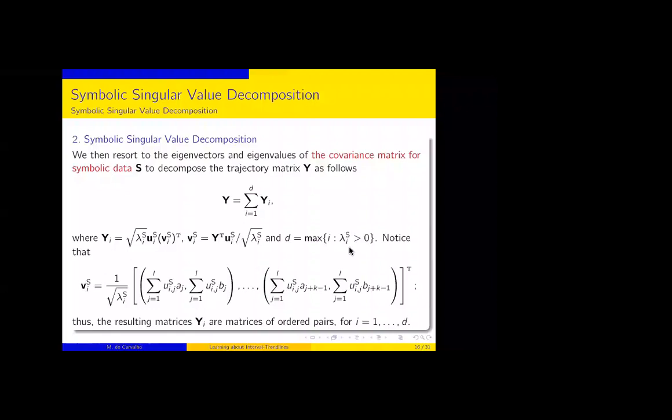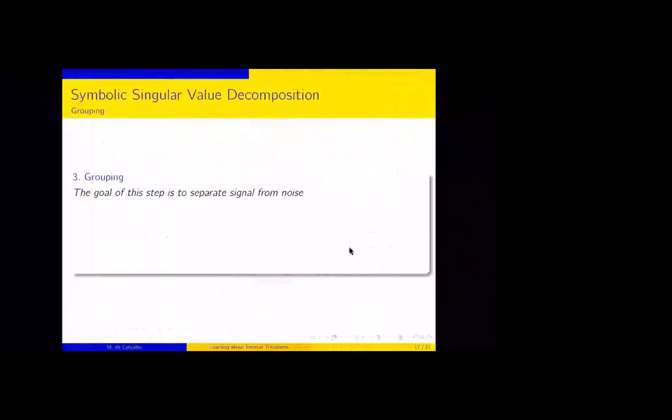So it's very similar to the step we were mentioning earlier, but where now we just have to keep in mind that S is symbolic rather than just built from a standard time series object. Okay, so same game again, but now you have to take into account the covariance matrix for symbolic data S and do your decomposition in that way.